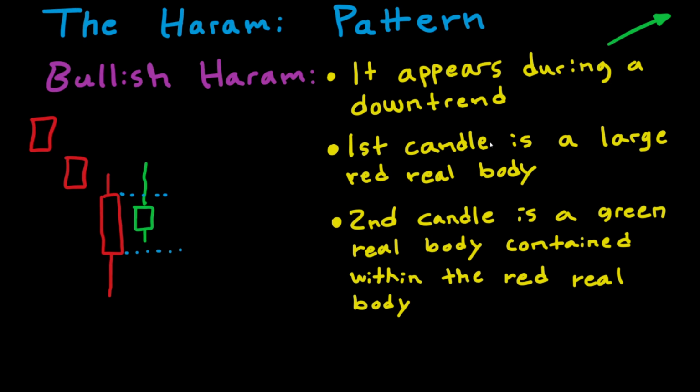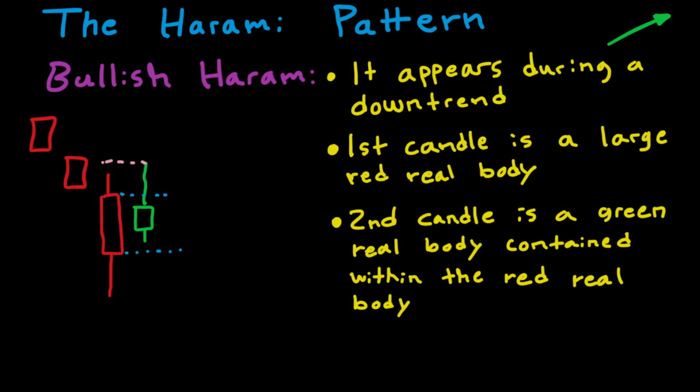We see that the red real body is both above and below the green real body. And one important thing to notice here is that if, for example, the shadow of the green candlestick is above the red one, that doesn't really matter. The important thing is that the green real body is contained within the red one.